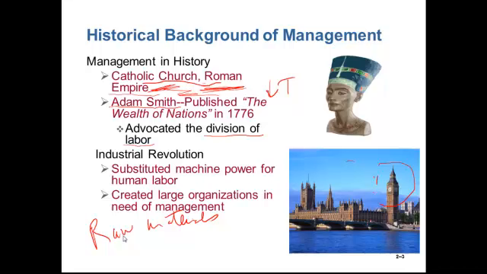And probably another element was the enclosure movement of Great Britain, where large masses of people were forced off the farms. So with the Industrial Revolution came large organizations and the need for managers.